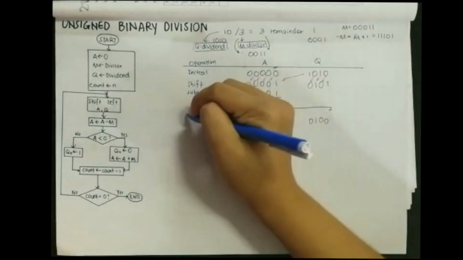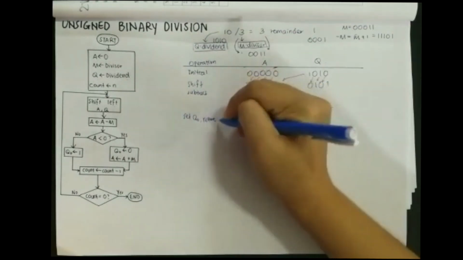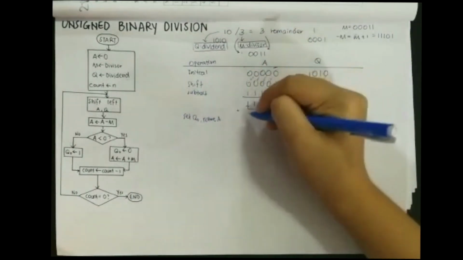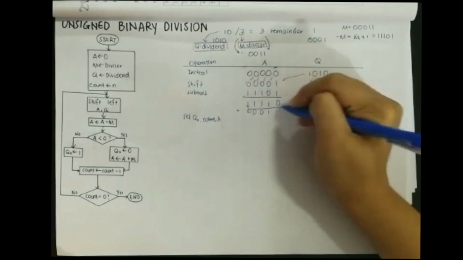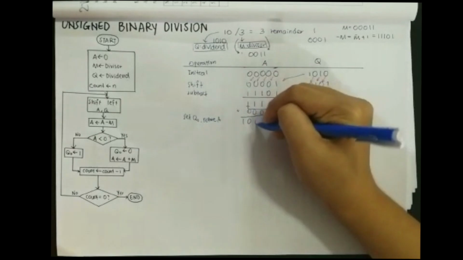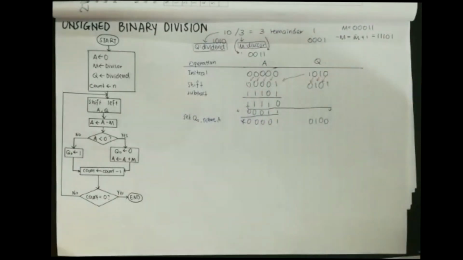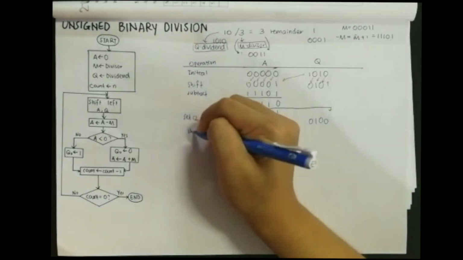Then M is added back to A to restore the previous value. After that, the count is decremented. Since the count is not equal to 0, we repeat the step.